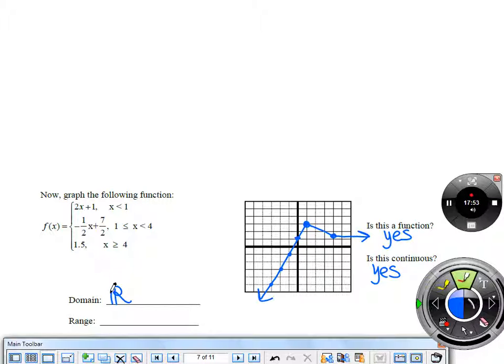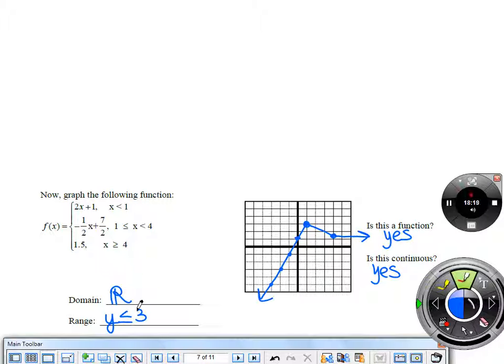It doesn't reach anything up here. Does it reach everything below that? Yes. Are there any gaps? No. So basically, I want to say that my range, the numbers that I get as y values, are everything from here and below. So I would say that y is less than or equal to 3. Are we okay with that?